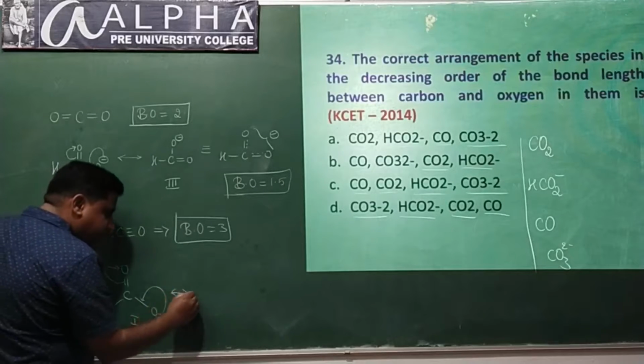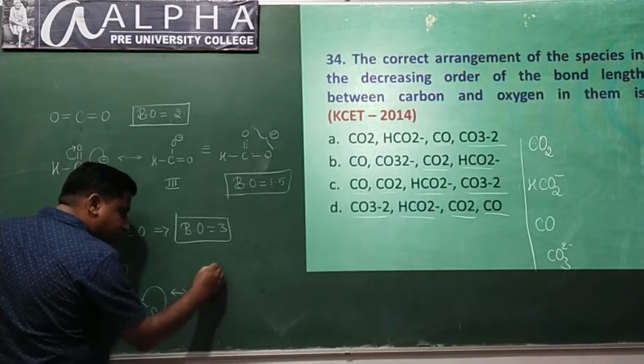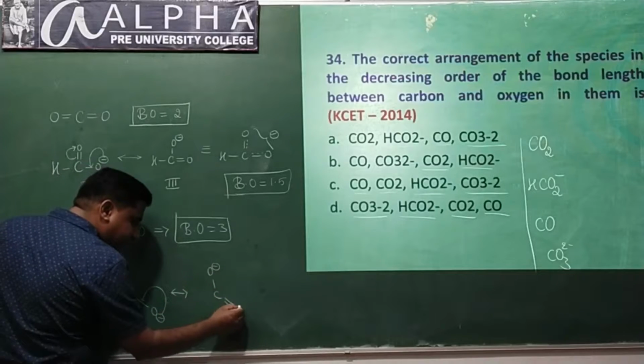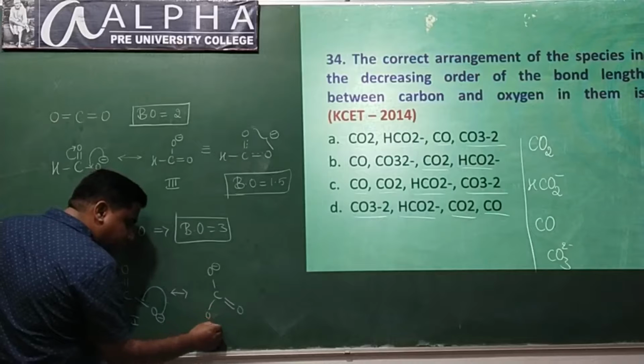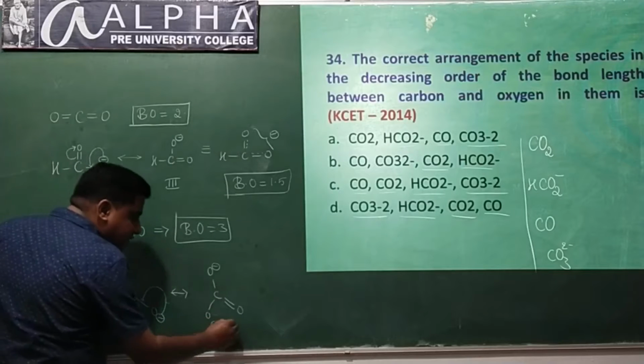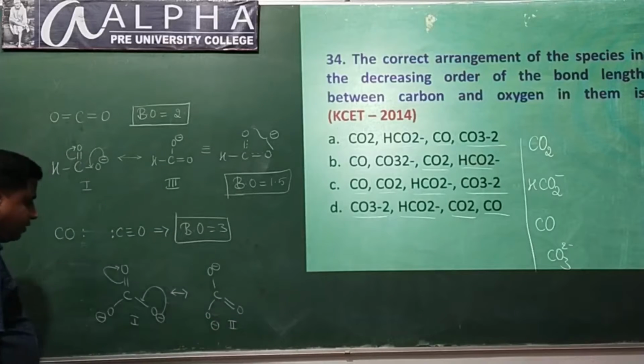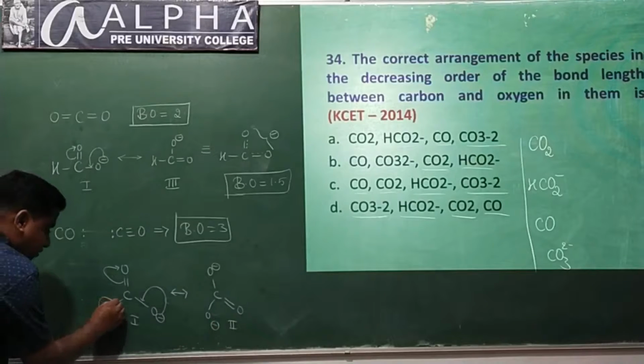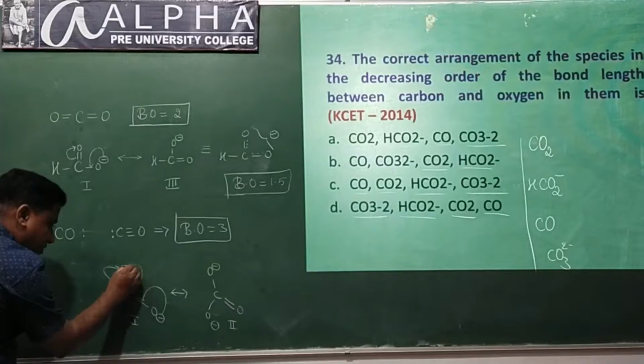And what is the second resonating structure? This oxygen will get negative charge now, and here there will be a double bond, and this bond remains as such. So this is the second resonating structure. The other possibility is that this negative charge may be shifted here and these pi electrons will be shifted here.